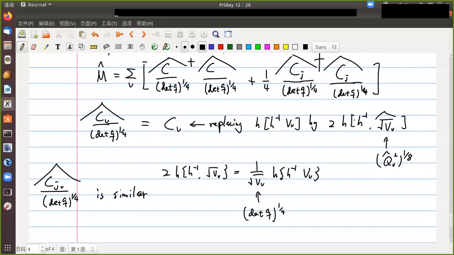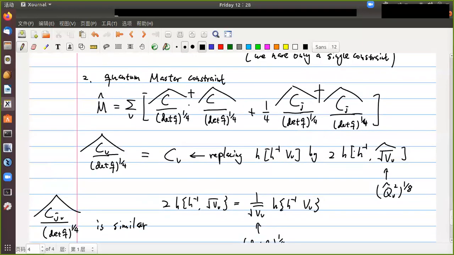However, the reason why I put a dagger in front is that this operator is not exactly Hermitian. If you review our previous lecture, the operator we defined is not exactly Hermitian.